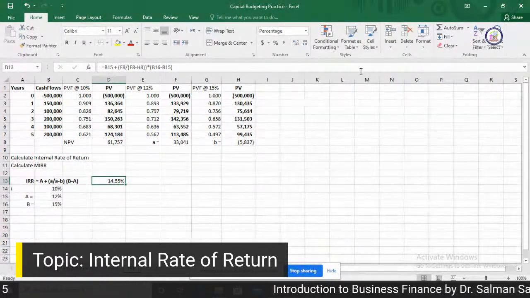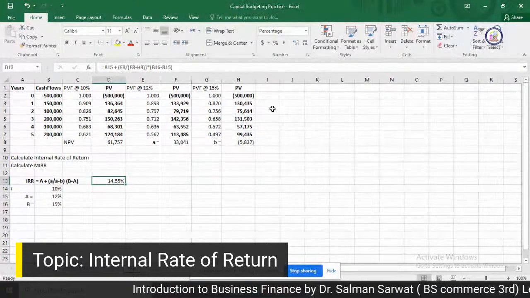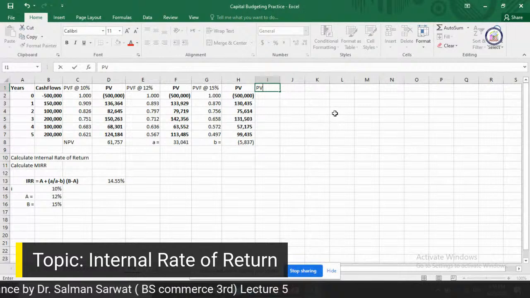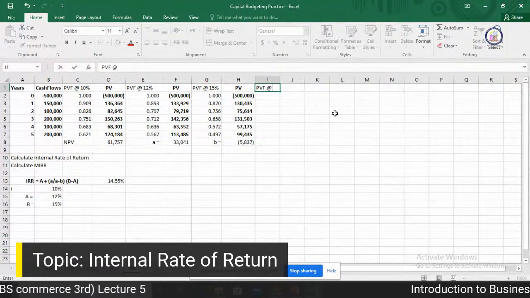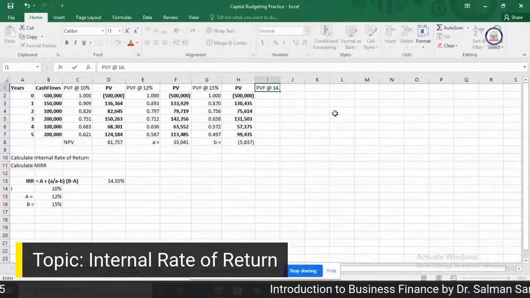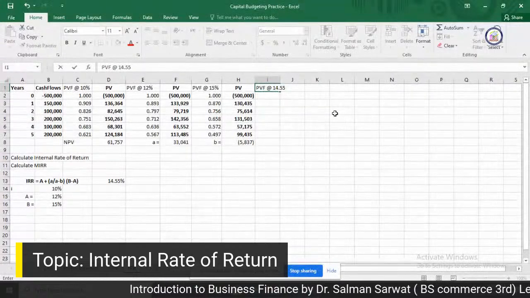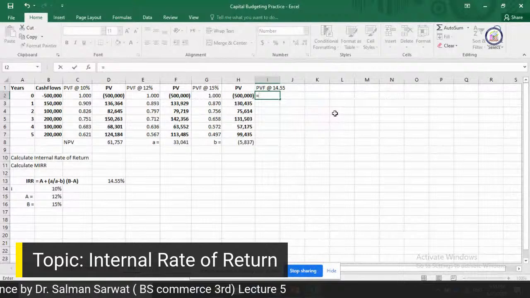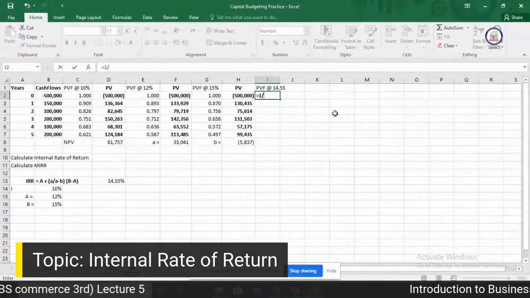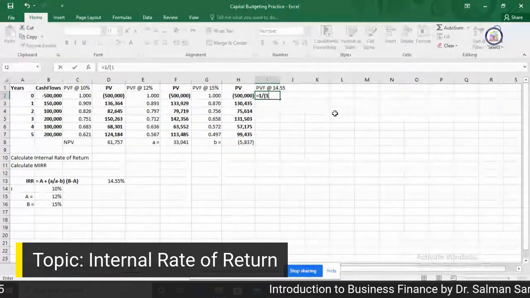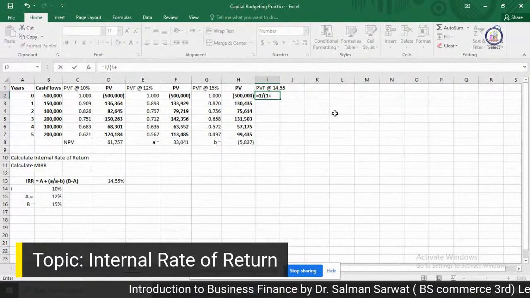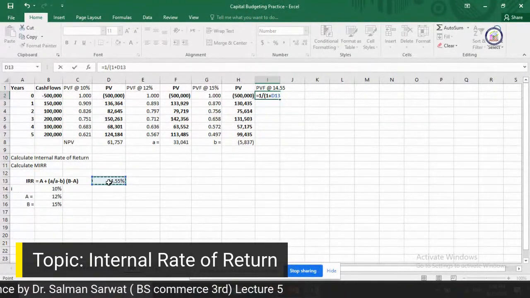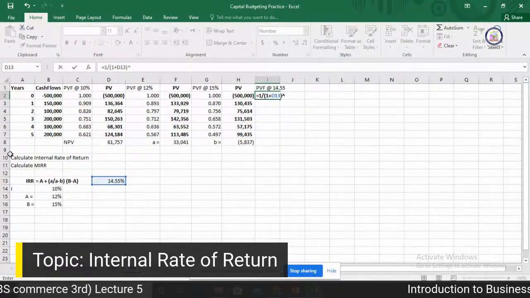Let's verify this claim by applying the present value factor at the rate of 14.55. So 1 divided by 1 plus IRR, where IRR is 14.55, power 0.